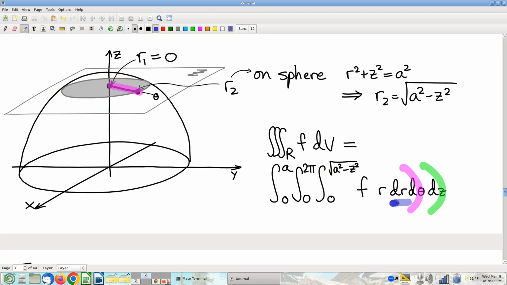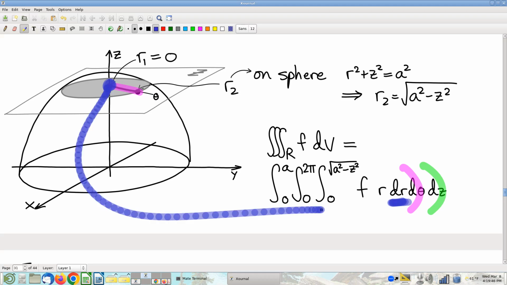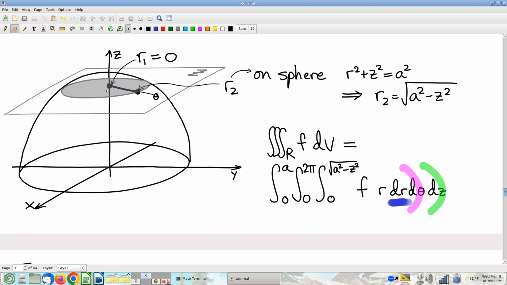We're looking at R now. R starts there at the origin. I keep saying origin. The z-axis, right? What is the value of R on the z-axis? Well, the value of R on the z-axis is 0. So my starting value of R is 0. And then my ending value of R, that point.